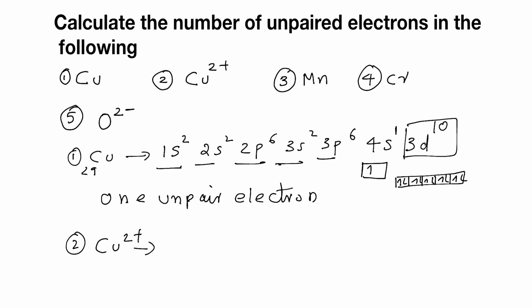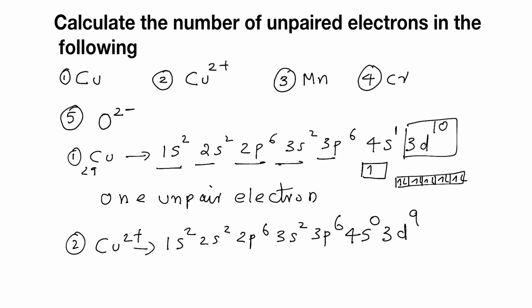Okay, now check. See, 1s2, 2s2, 2p6, 3s2, 3p6. Copper 2 plus means what? 2 electrons are lost by copper, which means first electron will be from 4s and second electron will be from 3d.